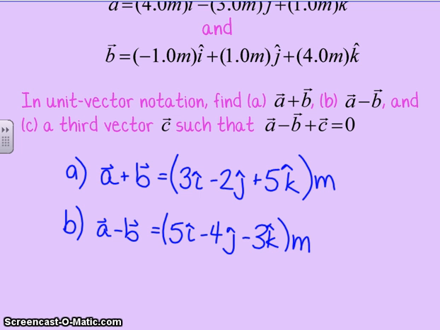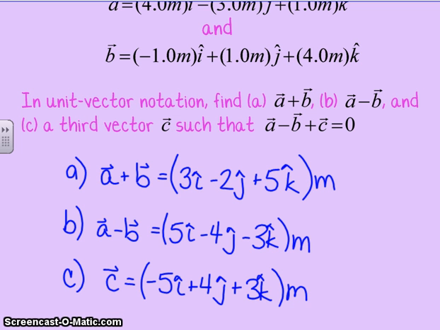If I wanted to add something to that to make it equal to 0, I would just add the opposite. 5 minus 5 would equal 0. Negative 4 plus 4 would equal 0. Negative 3 plus 3 would equal 0. So there's my vector C.